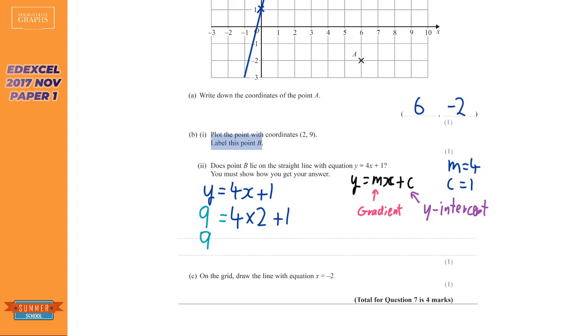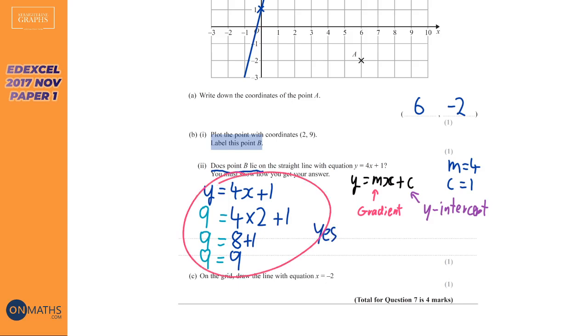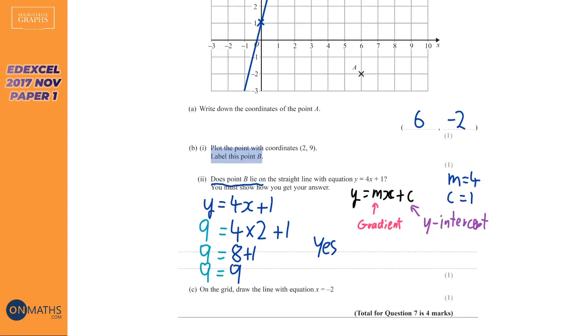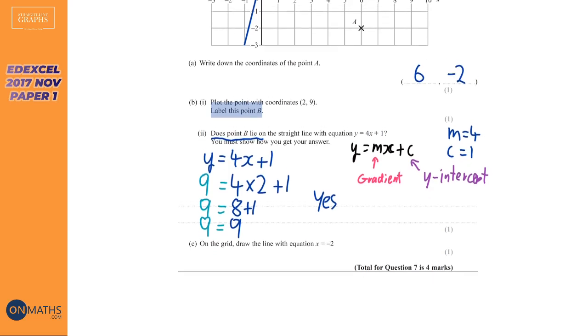So 9 equals 4 times 2 is 8, and so we've ended up with 9 equals 9. Now the question does say, does point B lie on the straight line graph? So we need to put a yes. Now, which way would I recommend? Well, definitely this way. This way is much easier. But if you wanted to draw the line onto the graph, then that's absolutely fine method as well.